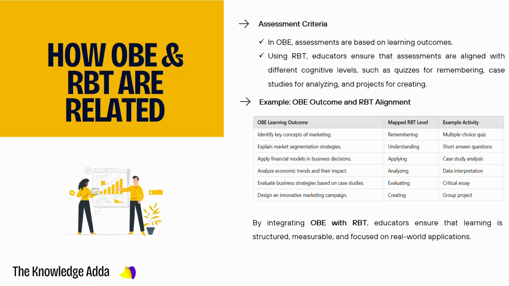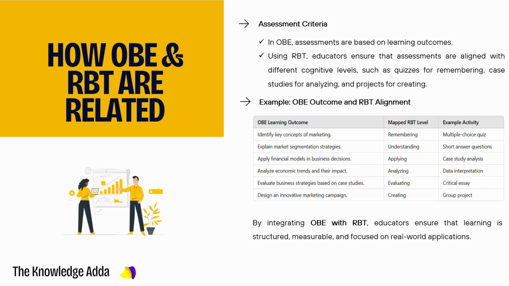Now, assessment criteria. In outcome based education, assessments are based on the learning outcomes. Using RBT, educators ensure that assessments are aligned to different cognitive levels, such as quizzes for remembering, case studies for analyzing, and projects for creating. So here you can see how RBT levels relate to outcome based education.